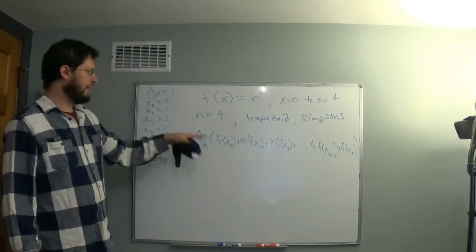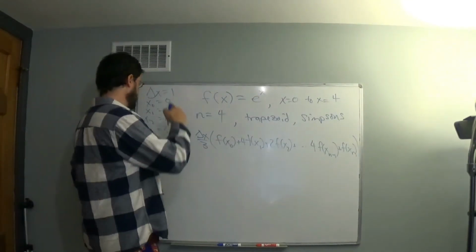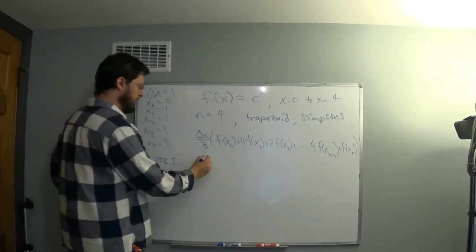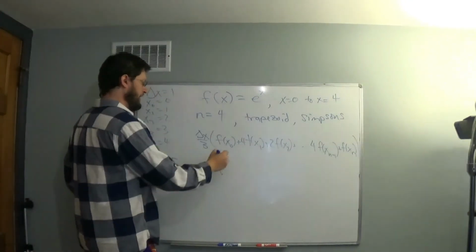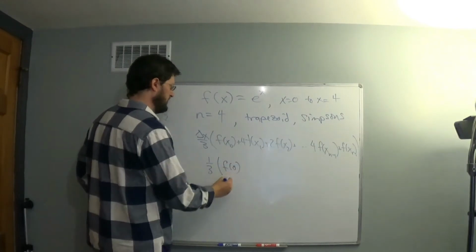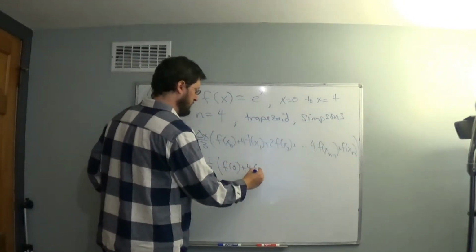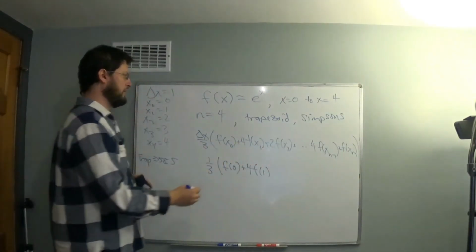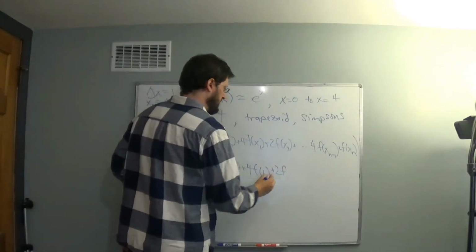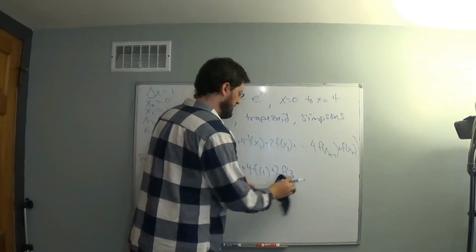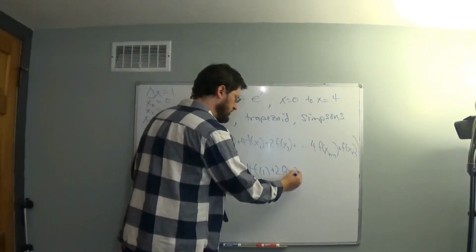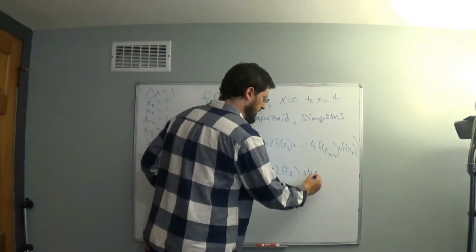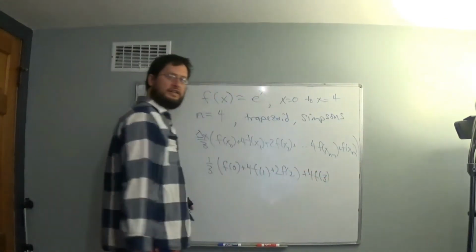So let's write that out for what we've got. Since we're only going to x equals 4, delta x is 1. That's 1/3 times f at 0 plus 4 f at 1, because x1 is 1, plus 2 f at 2, because x2 is 2, plus 4 f at 3, because x3 is 3.